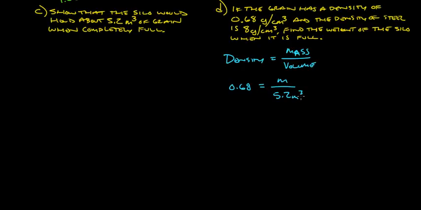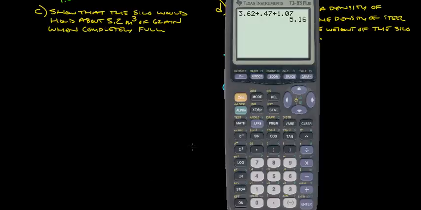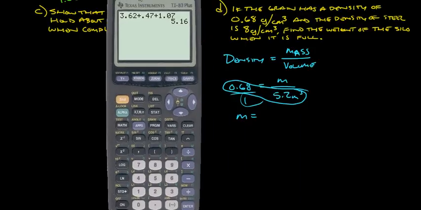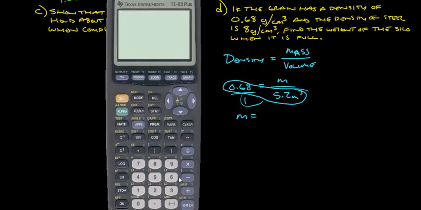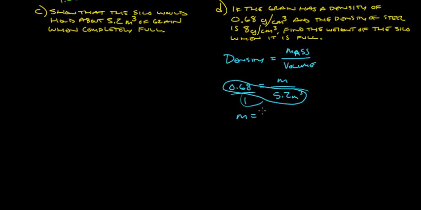We should now be able to figure out what the mass is, right? Because that's over 1, and we just multiply this times this, divided by that, and we get that the mass is going to equal basically 5.2 times 0.68. You divide that by 1 and you still get the same thing, so 3.54.